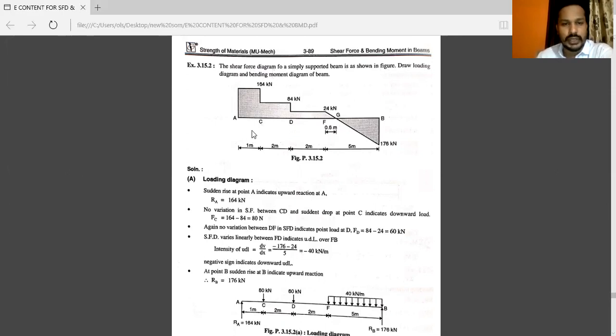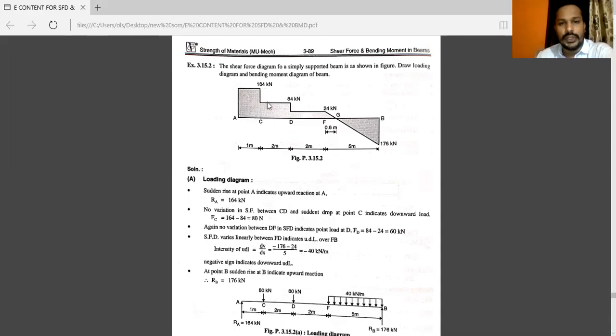You can see this given diagram. This is SFD, that is shear force diagram. At point A, it is first 0 and then 164 kilonewton. A to C, there is no force, so the line is straight. At point C, the values are 164 and 84.